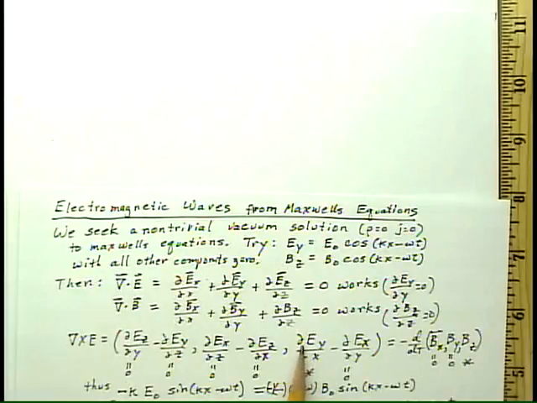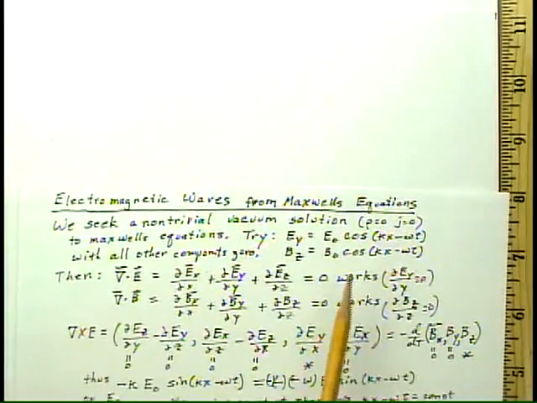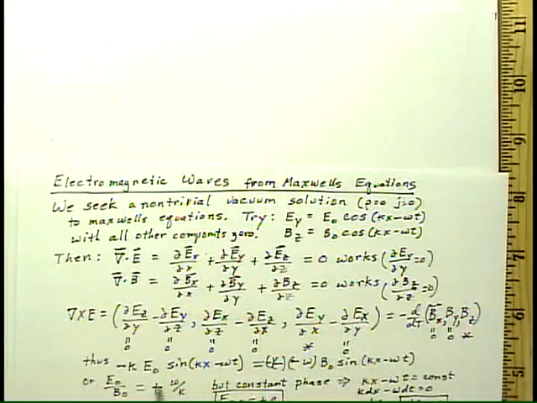There, we now take the derivative of Ey with respect to x. The derivative of Ey with respect to x will give us a minus k out here, because we're taking the derivative of the cosine, which gives the negative of the sine, times E0 times the sine of kx minus omega t.